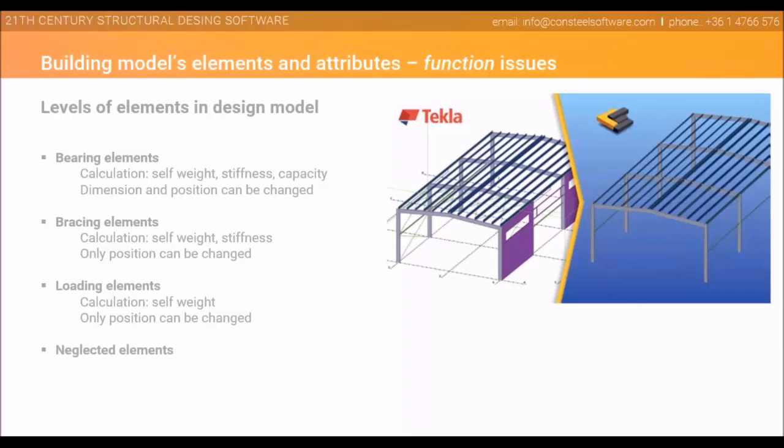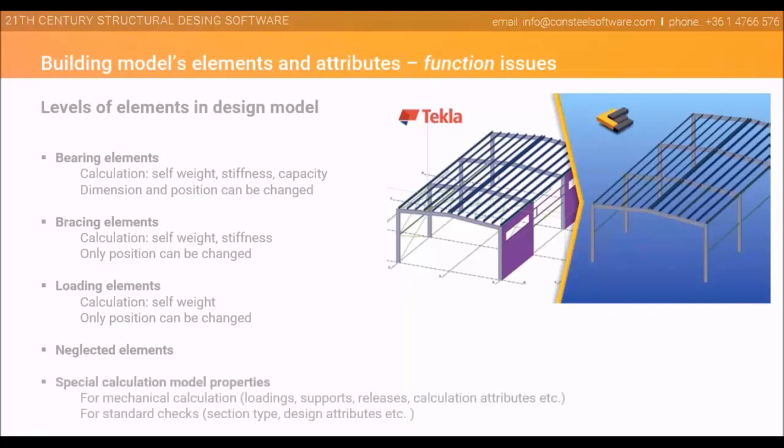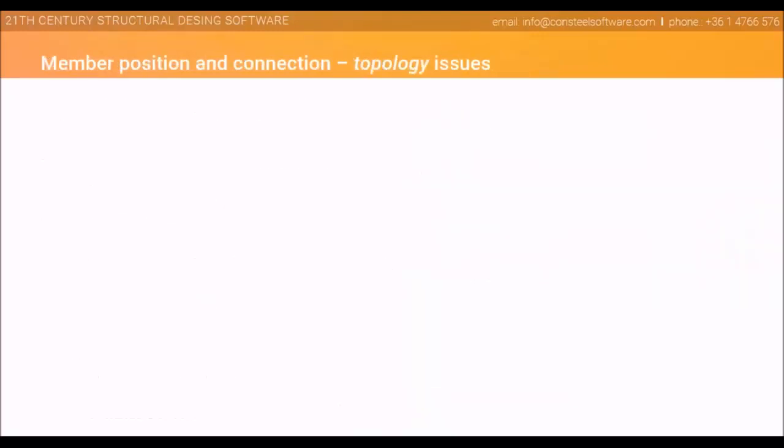And of course, there are some neglected elements or non-structural BIM objects such as furniture, mechanics, etc. In the case of bearing and somewhat bracing and loading elements, we need extra properties for the calculations, such as releases, stiffness, supports, loadings, section types, etc.